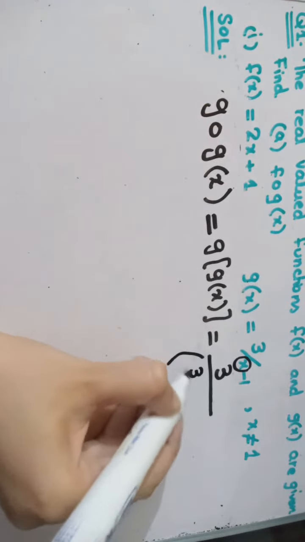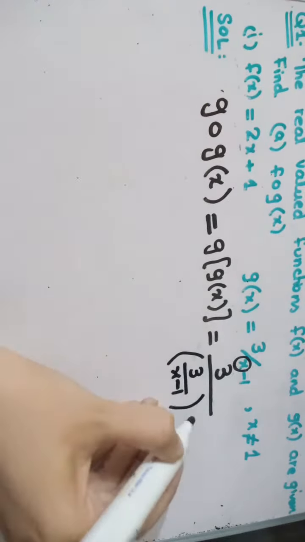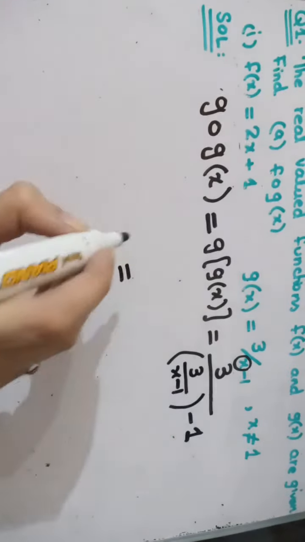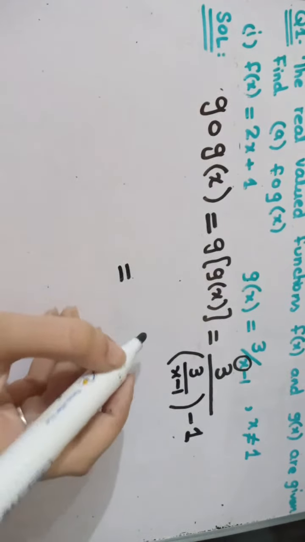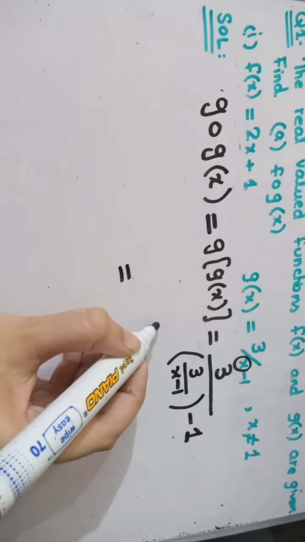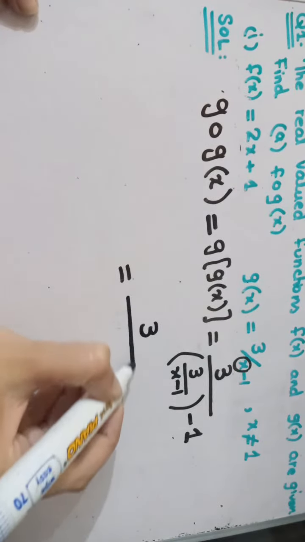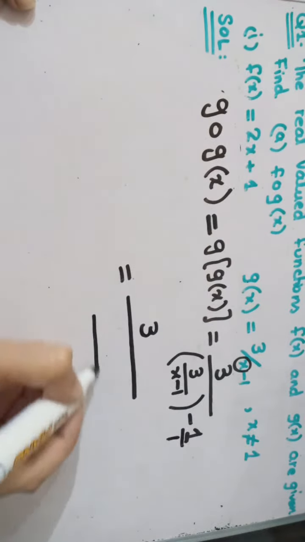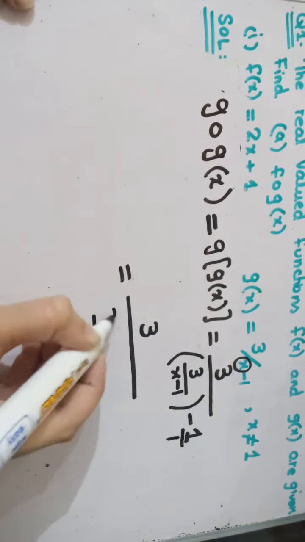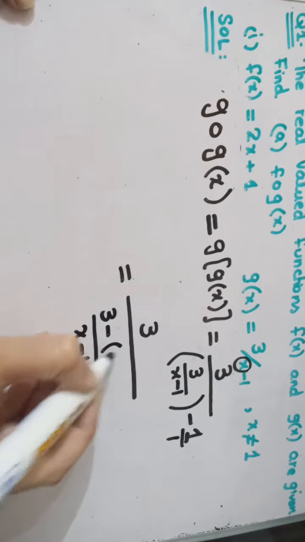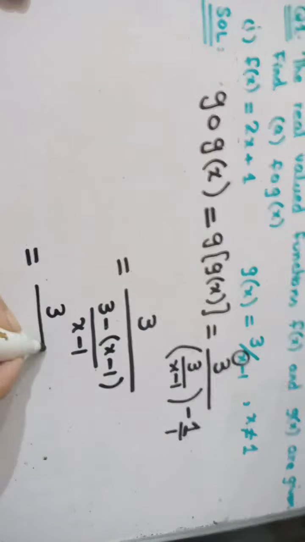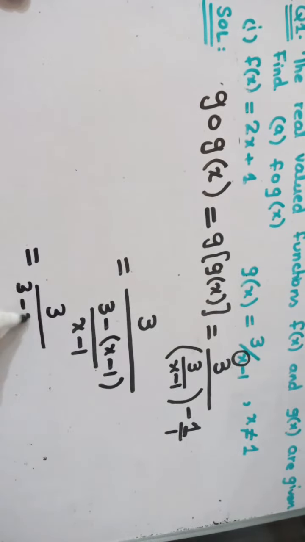So 3 divided by 3 over x minus 1, minus 1, will be equal to 3 divided by, we will take the LCM, 3 minus x minus 1 over x minus 1. So 3 divided by 3 minus x plus 1 over x minus 1.